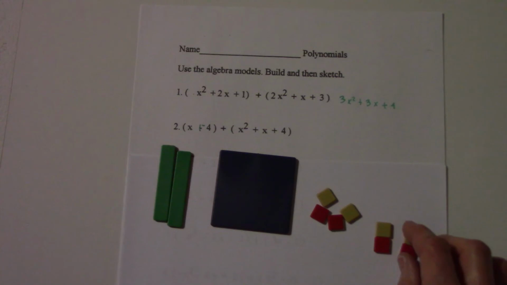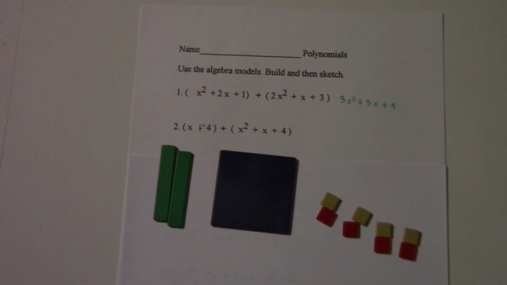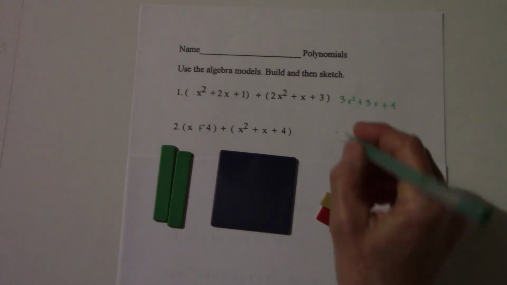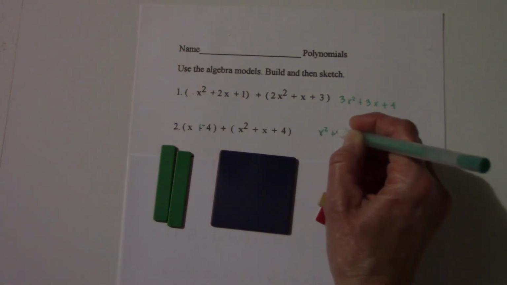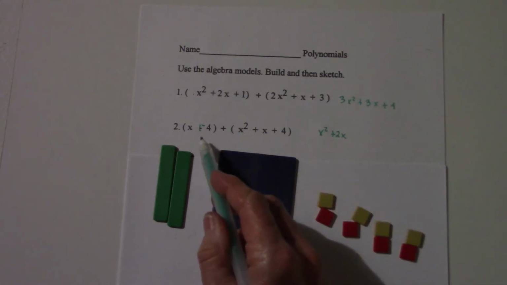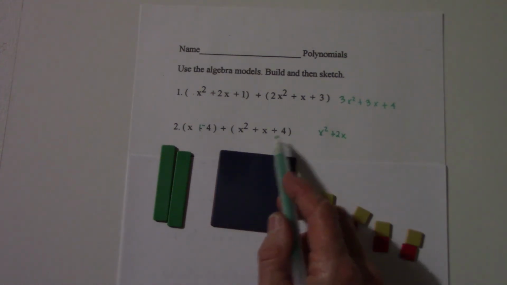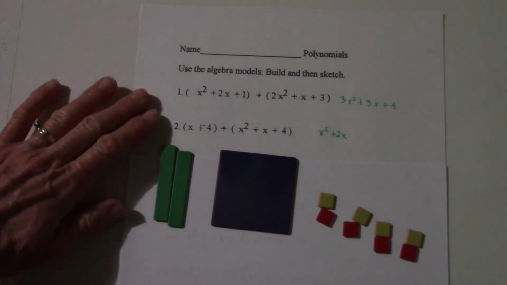So I don't have anything left over. So my final answer here is going to be x squared plus 2x. And my plus negative 4 and my positive 4 gave me 0 pairs, which gave me a total of 0. Okay.